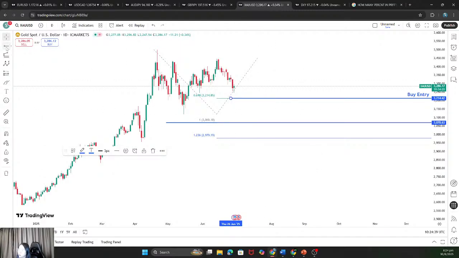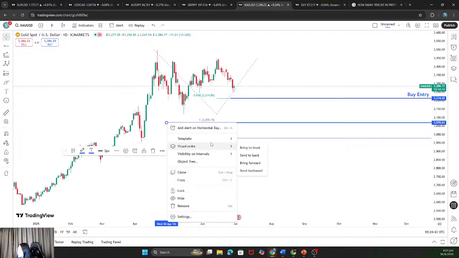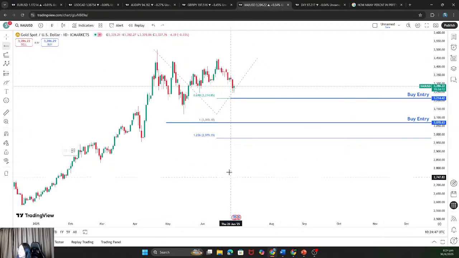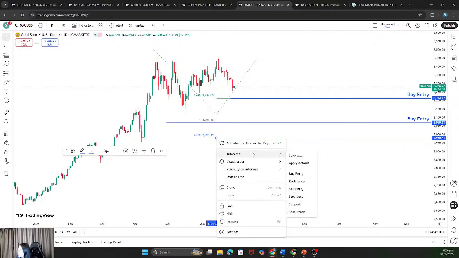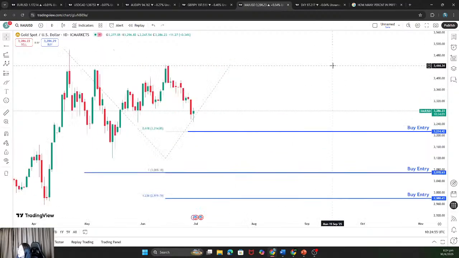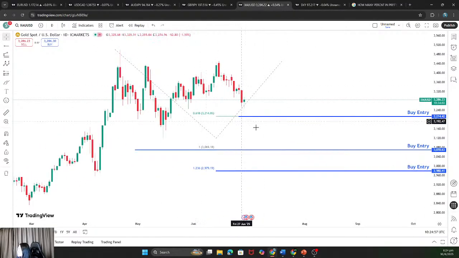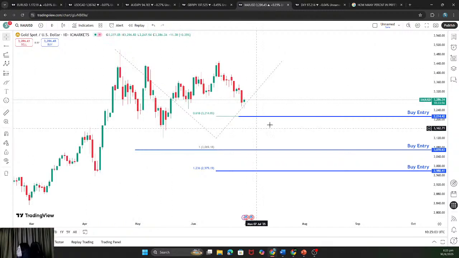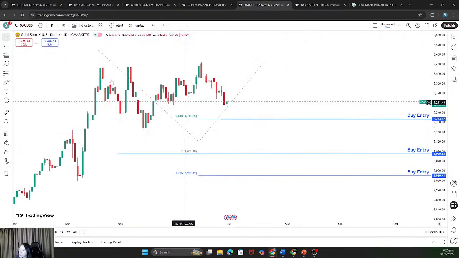Buy entry, buy entry, and then buy entry. There's a possibility price is going to come to one of these levels and then it's going to be a buy. I am definitely biased for gold being a buy. I just don't know which entry it's going to be.